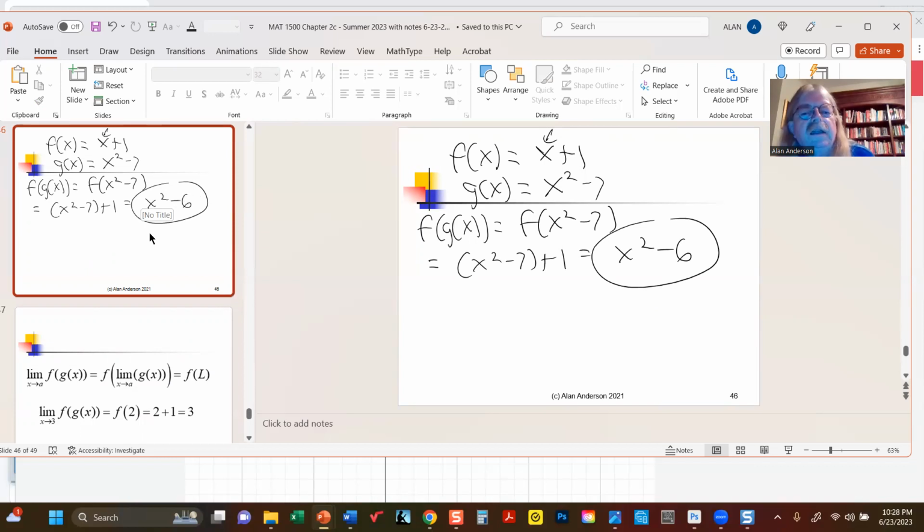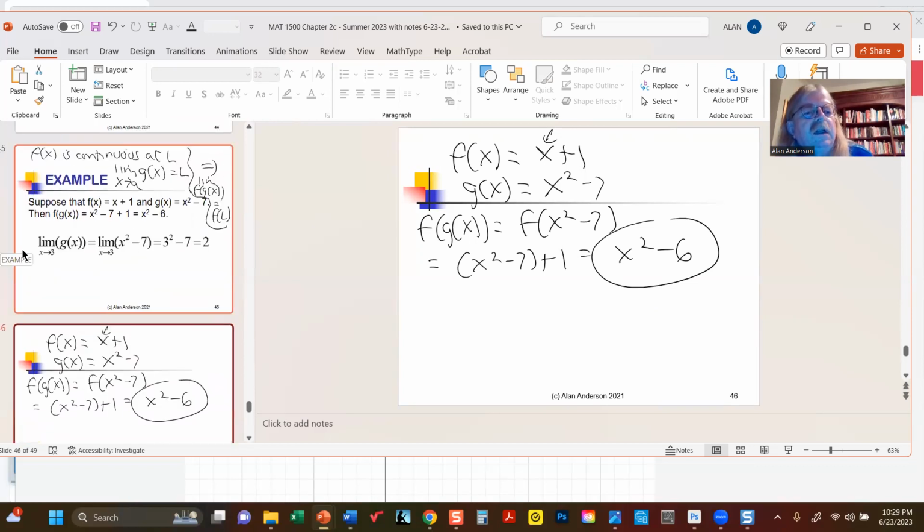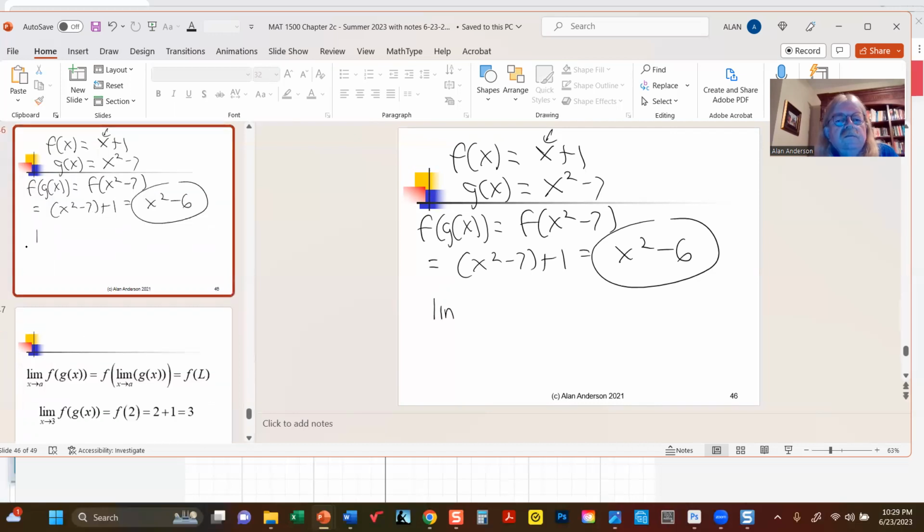Okay, now, what if we need to know the limit as x goes to 3 of g of x?